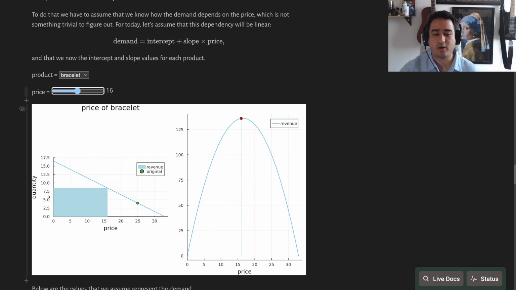And because of that, I know that I'm gonna be selling 8 of them. And because of that, I know that I'm gonna be making about 130 euros, okay? Of course, that's ignoring a lot of things. That's ignoring that I actually have demands for necklaces and earrings as well, and that I don't have enough time to build all of those things up to the maximum of their demand, okay?